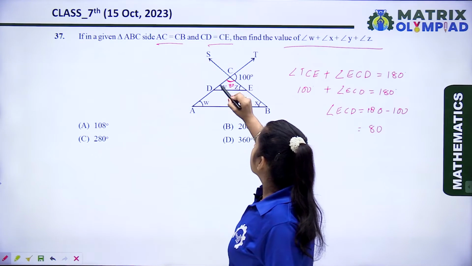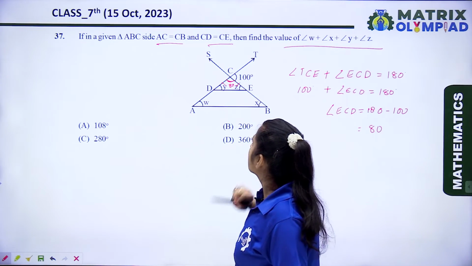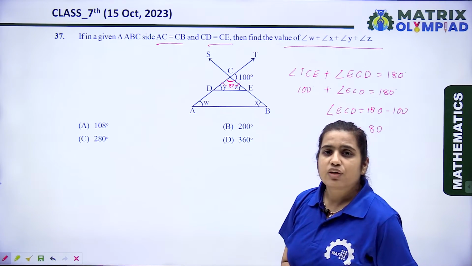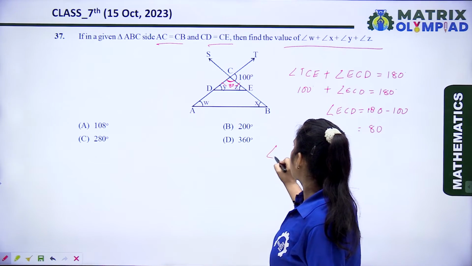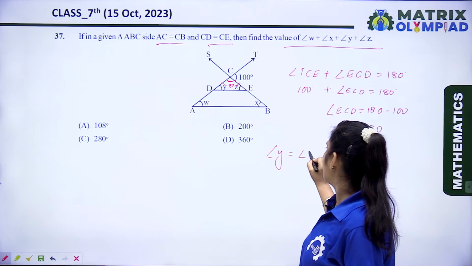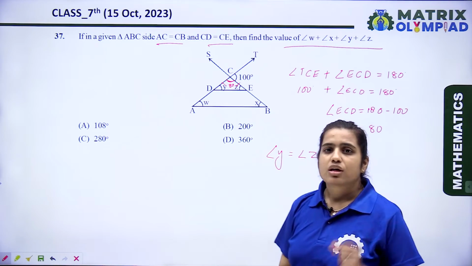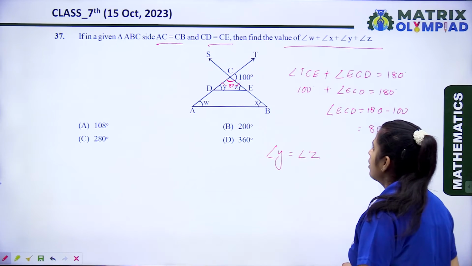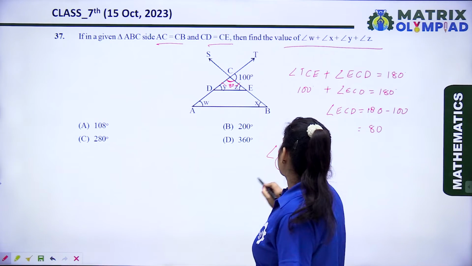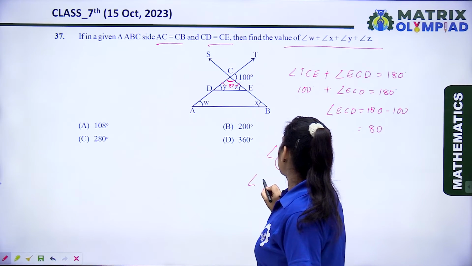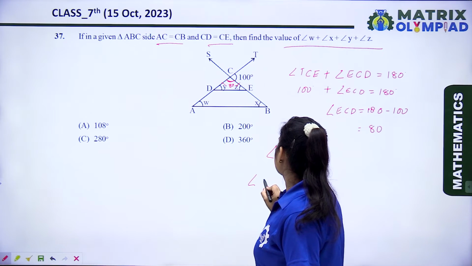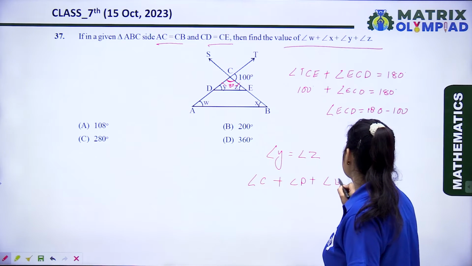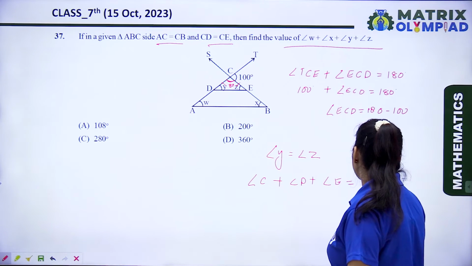Now CD is equal to CE. So due to this, the base angles will be equal. So here angle Y is equal to angle Z, because in an isosceles triangle, base angles are also equal. So angle sum property we are going to apply here. Angle C plus angle D plus angle E is equal to 180 degree.